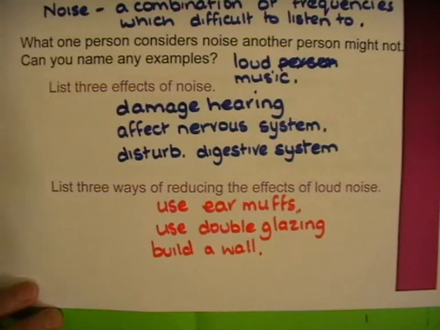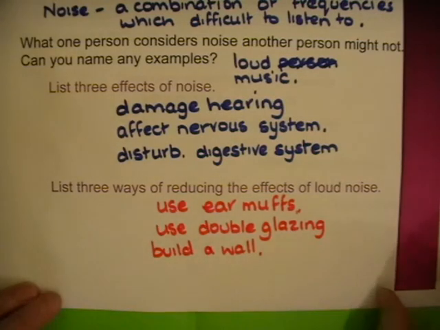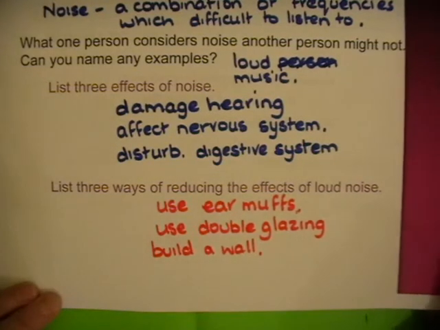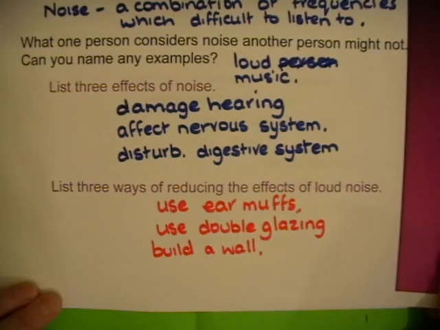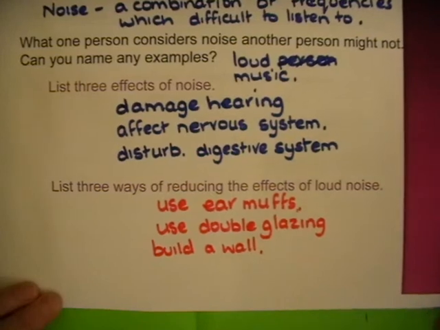And things like airports would have to have certain flight paths and certain times they couldn't fly and so on, to make sure that that didn't disturb the residents of the area. So there's lots of different ways. In a car, you can use a silencer in a car to try and reduce the noise and so on.